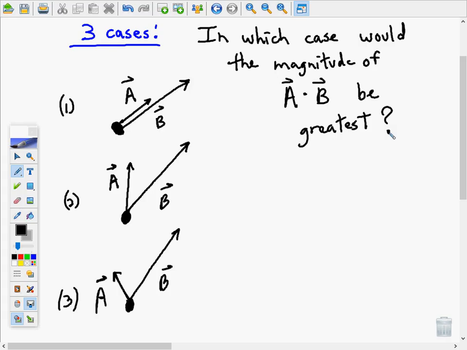Peter, what do you think? Case 1, 2, or 3? My vectors A and B are supposed to be the same length in all 3 diagrams. I'm sorry if it's not.